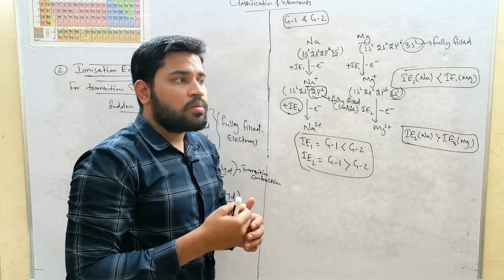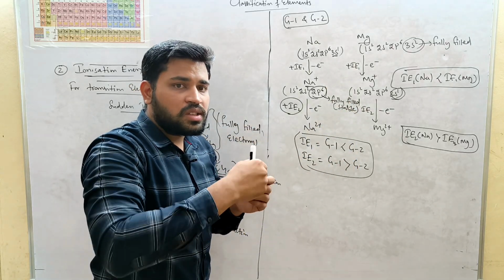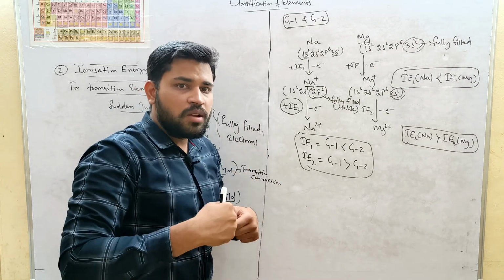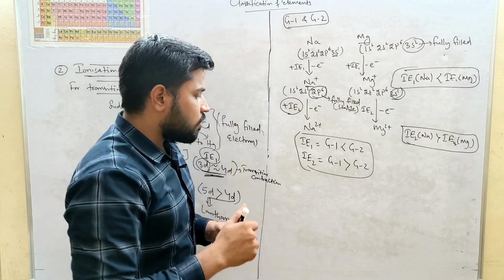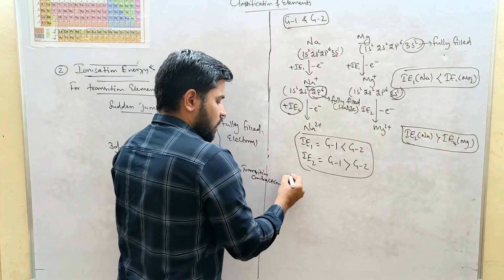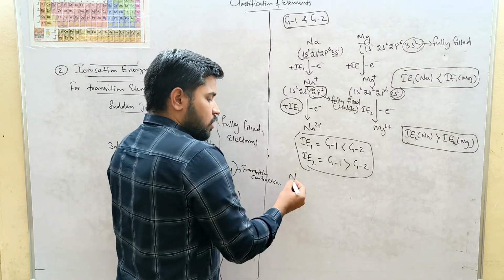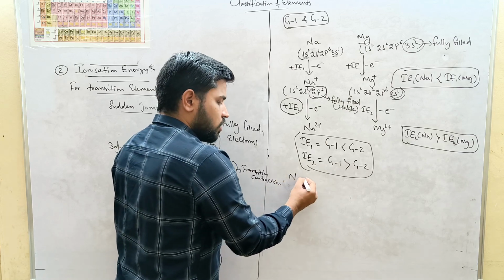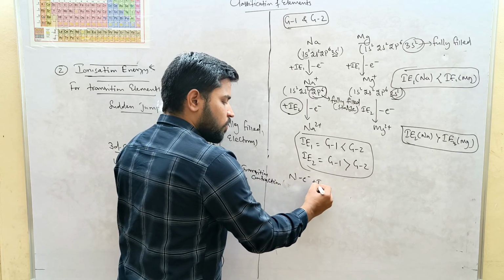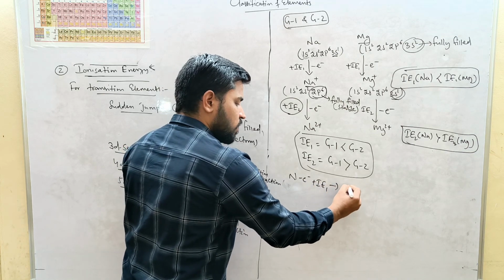But when successive electrons are removed from the same element, we should not consider their electronic configurations. One example we can write is nitrogen. If you remove one electron, you have to apply energy, that is IE1, so it becomes N plus.